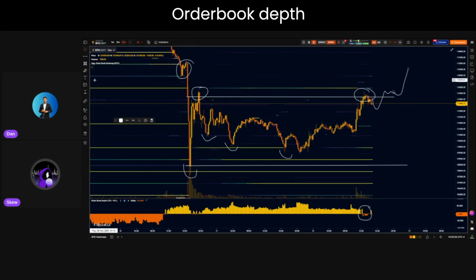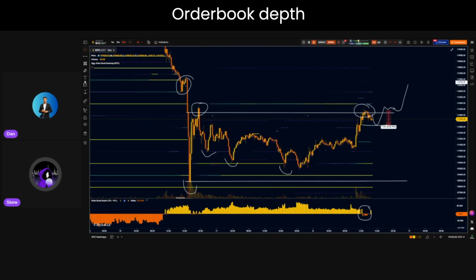Then obviously you would set your stop loss below these lows here, so you would have limited downside, like 1%, targeting at least a 2% move. So your return would be double what you're risking. Yeah, that makes sense.